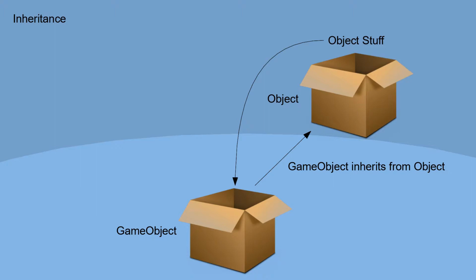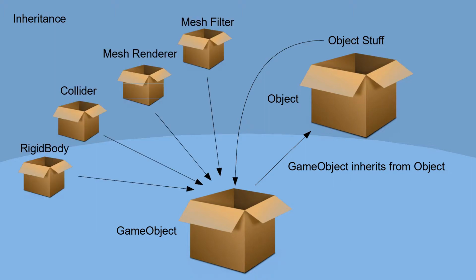Now, one of the other things that a lot of people don't realize is that all of the components which are added to game objects in the inspector are also classes. For example, let's say we create a cube in our 3D scene and give it a rigid body with a collider.